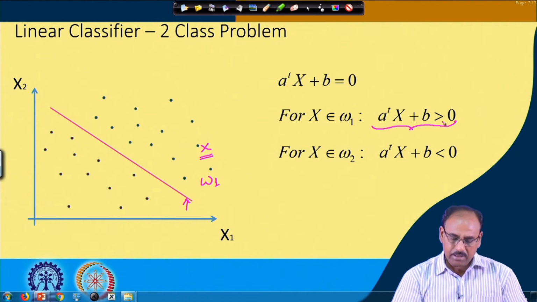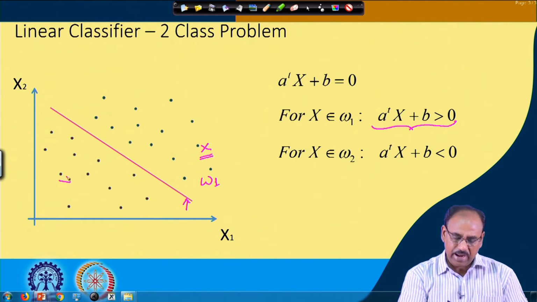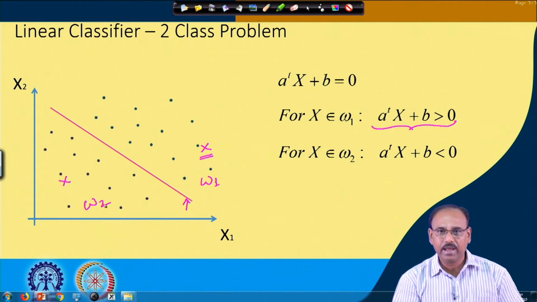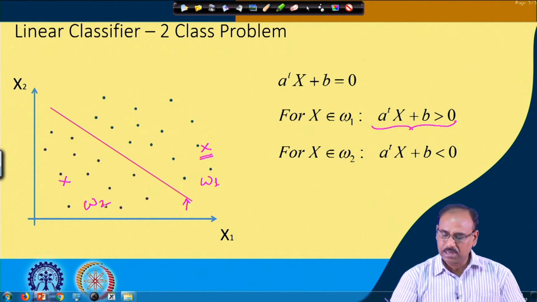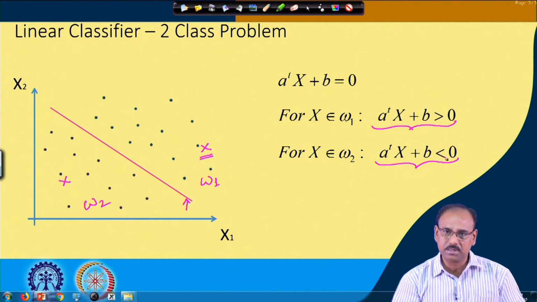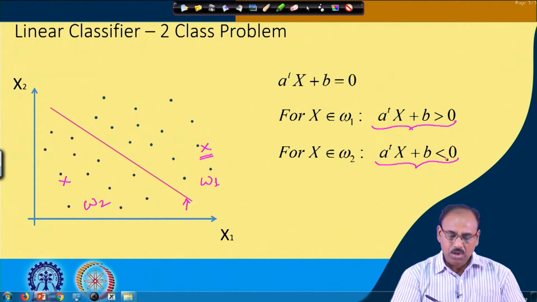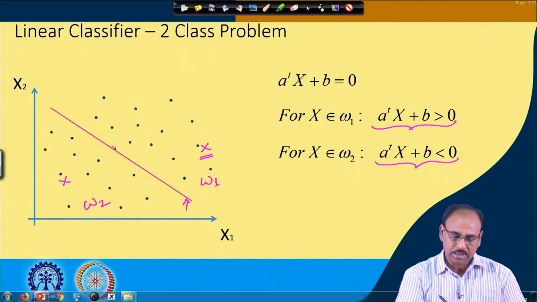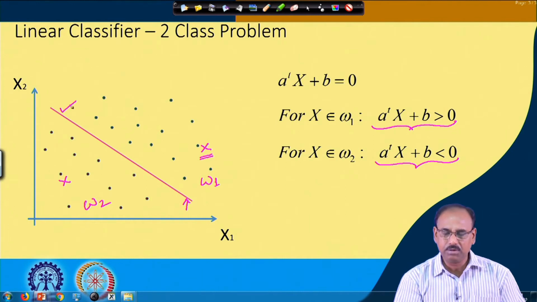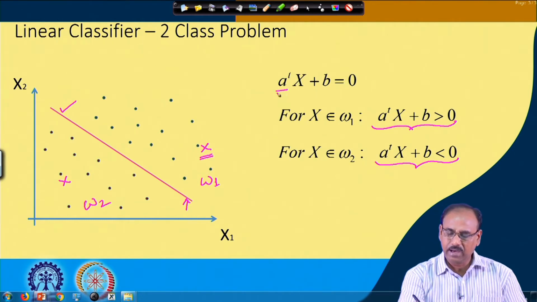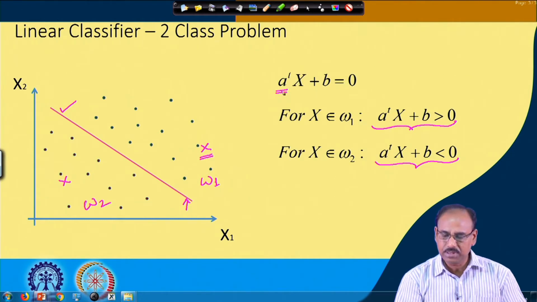In the same manner, if I take a feature vector x from class omega 2, where this feature vector x falls on the negative side of the linear boundary, the condition that A transpose x plus b less than 0 must be satisfied. For this linear boundary which satisfies the equation A transpose x plus b equal to 0, the vector A is orthogonal to the surface.